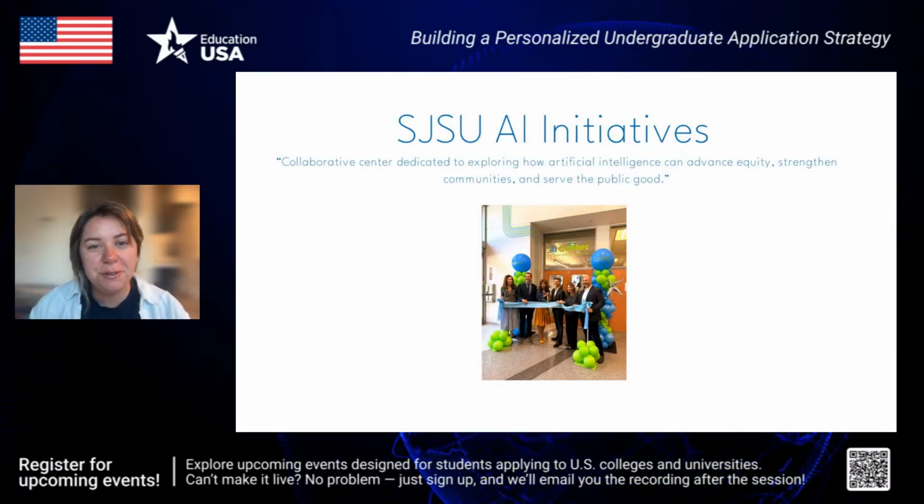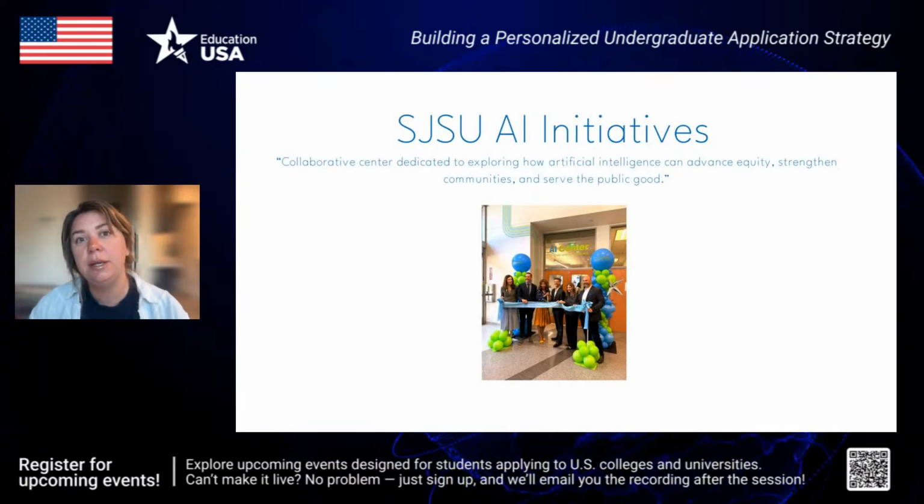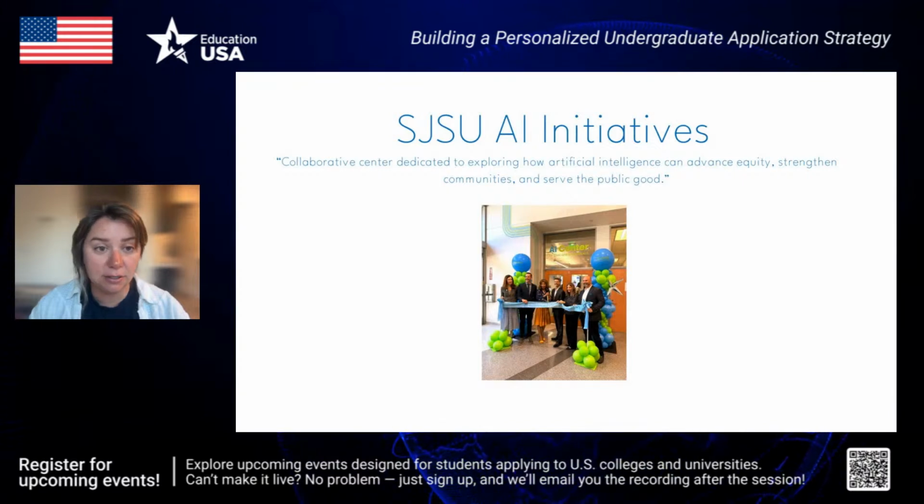At our university, we are obviously pushing very hard on artificial intelligence. The reason being, we are in Silicon Valley, and we want to be able to equip our students with the skills and the knowledge that they will need to be successful, to be competitive for these jobs in the Bay Area, in Silicon Valley.